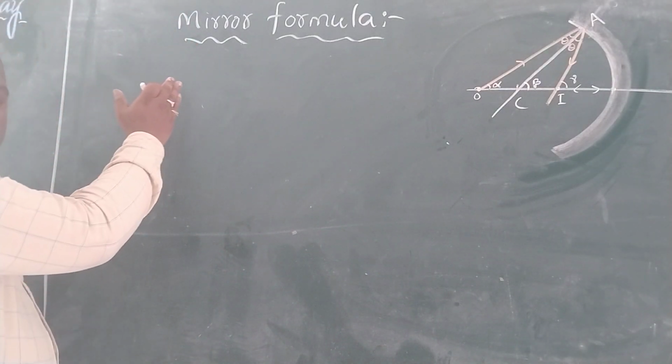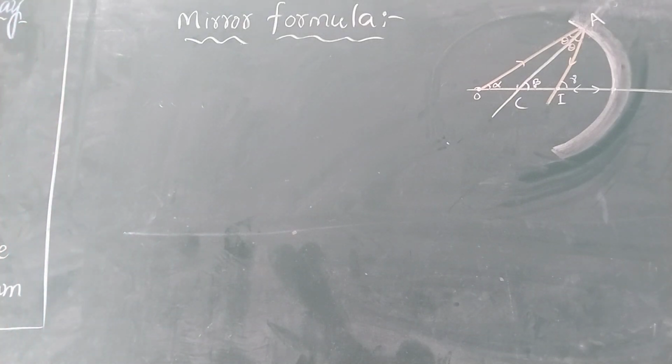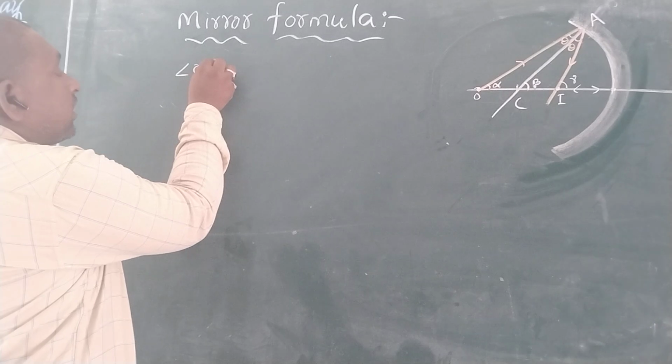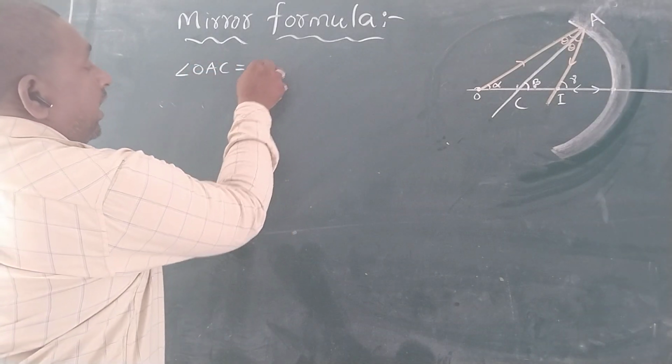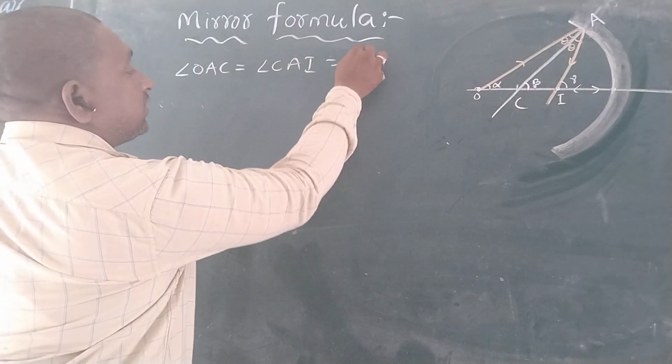Come to this particular area, it is visible. Okay, nice. From the diagram, angle OAC is equal to angle CAI, that is equal to theta.